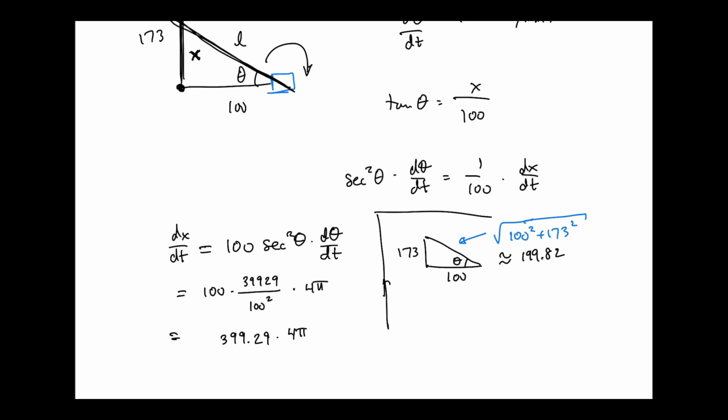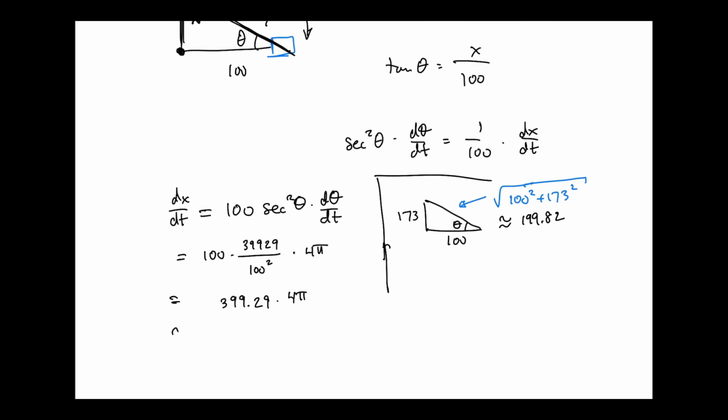Let's just get a quick 399.29 times 4 times, let's say, 3.14159. So we're looking at what? 5,017.62.